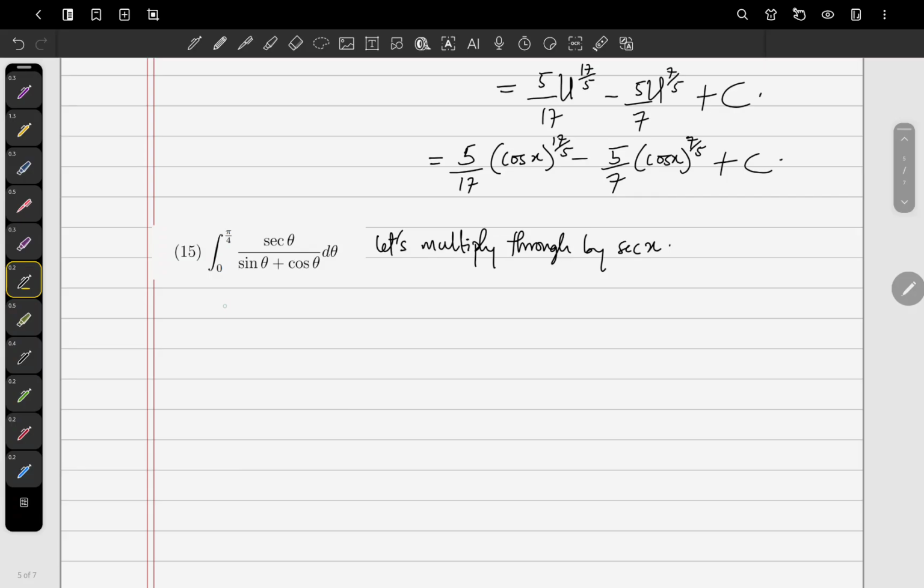So this becomes the integral from 0 to pi over 4 of sec theta times sec theta over sine theta times sec theta plus cos theta times sec theta d theta.